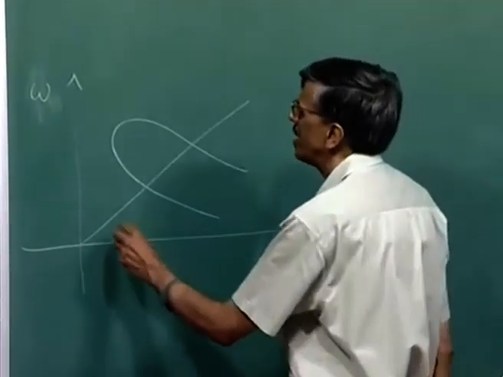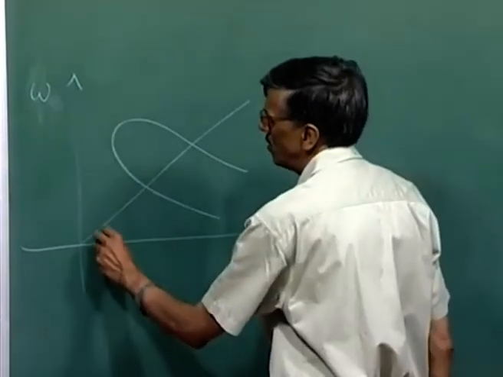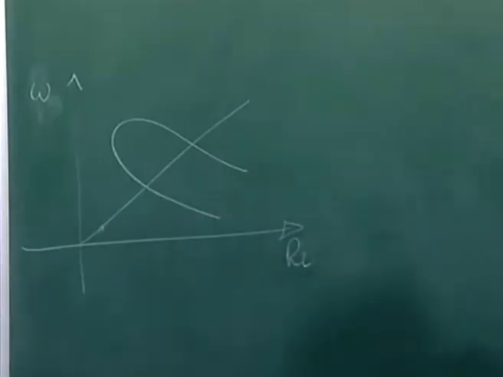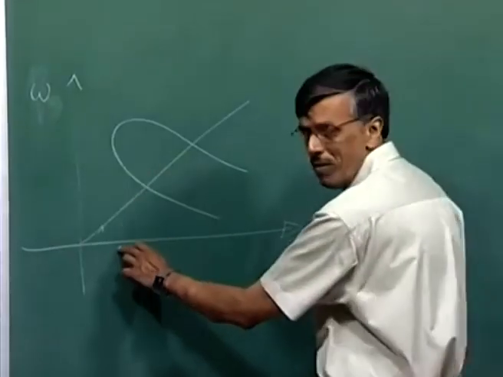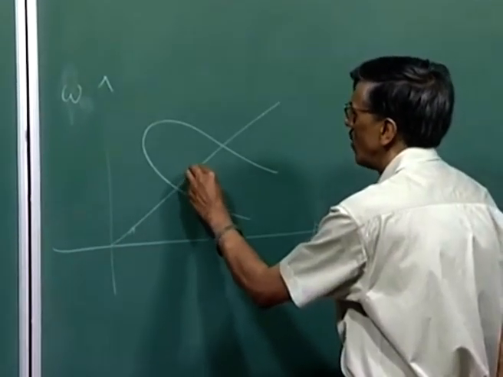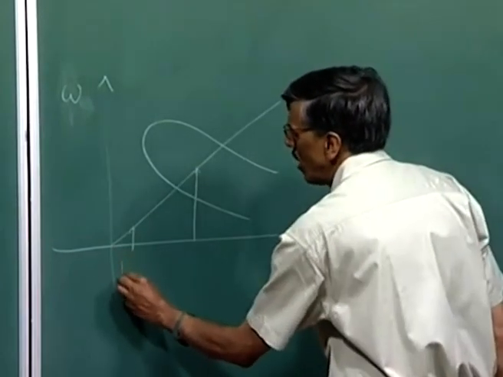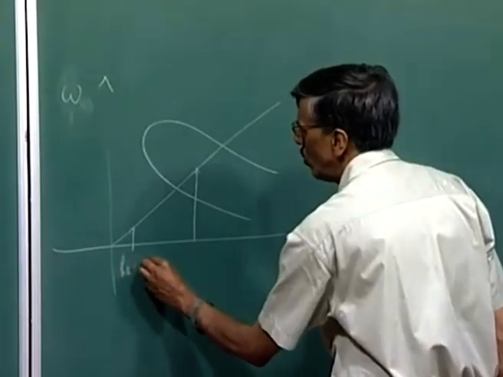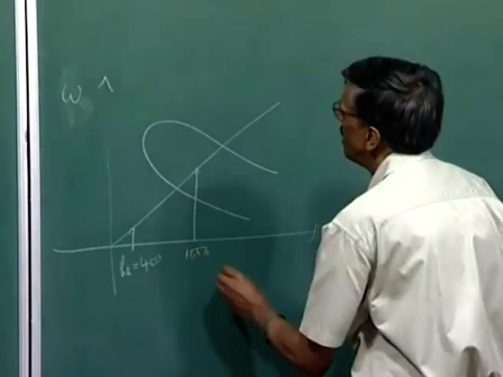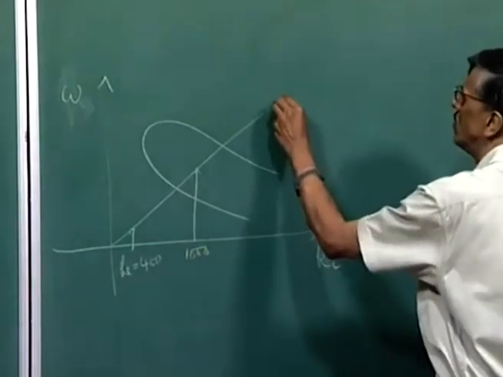So 400 is somewhere on this side, so that's your R equal to 400, because this is 520, so this is there. 1000 is here, so this is your R equal to 400, and this is 1000, and 4000 is somewhere here.